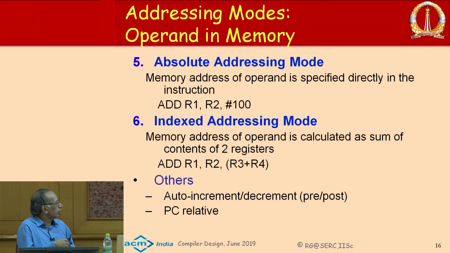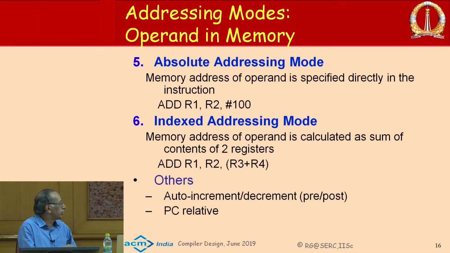Then you could actually have a combination of registers, R3 plus R4. That is also possible. The added value is the address of the location from where the operand is going to be fetched. These are all more and more complex addressing modes.